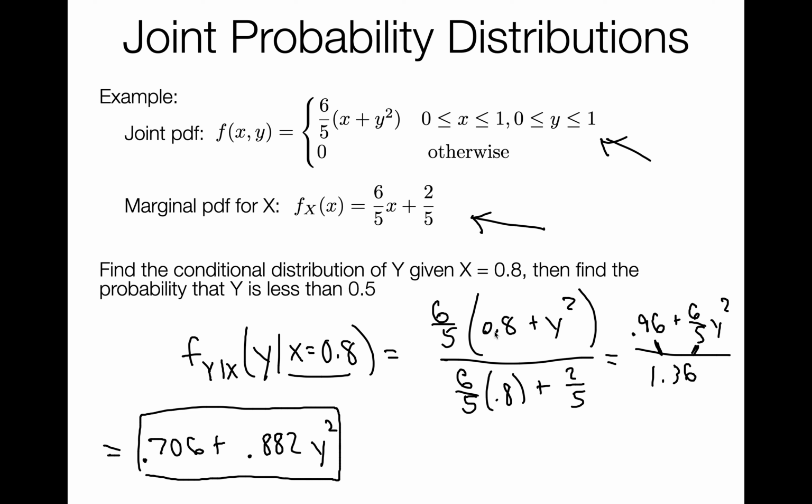Now, with that, we have that distribution. This is defined over the interval y being between 0 and 1. And so what we need to do now is find the probability that y is less than 0.5 given that x equals 0.8.